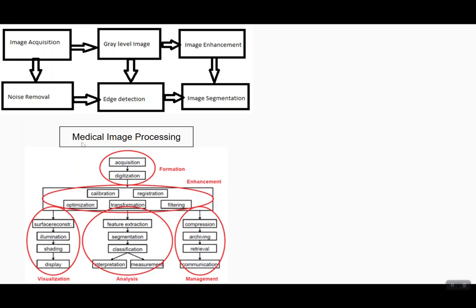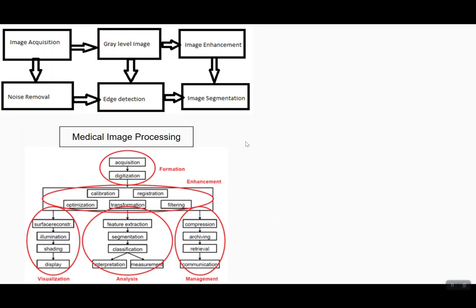So this is for medical image processing, the processes they try to follow. This is the formation block where they acquire and digitize, and this is the enhancement block. As you see, there are so many other processes involved in image enhancement: calibration, registration, optimization, transformation, filtering, and here the visualization block, the analysis block, and the management block.